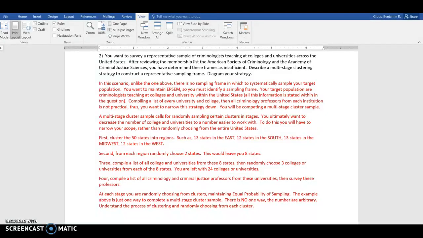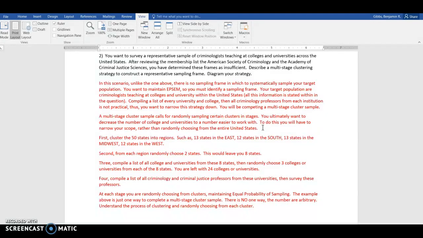So we have 12 states in the South, 12 states in the West, 13 states in the Midwest, and 13 states in the Northeast. We then randomly draw, say, 2 states from each region, leaving us with 8 states. That is still too big of a sample of criminologists from which to draw, or even to create a list from.